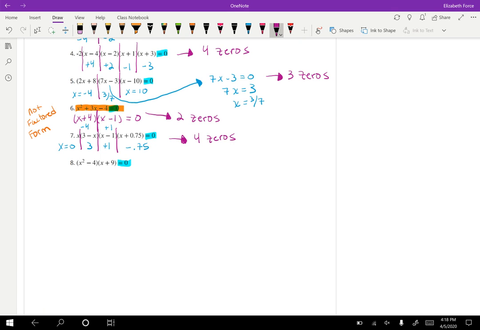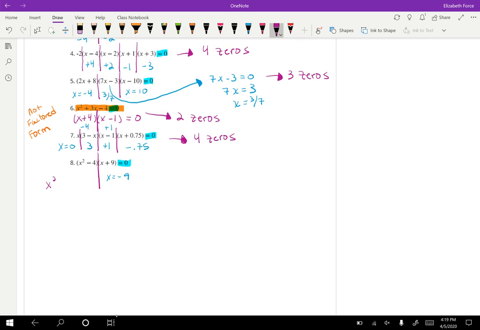And then our last one, number 8, put that little line down. The second factor, x plus 9, that's pretty easy. Negative 9. In the first factor, it's saying what number squared take away 4 gives you 0. And a lot of you guys know that 4 minus 4 is going to give you 0.